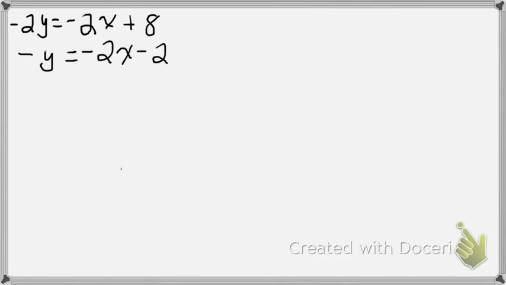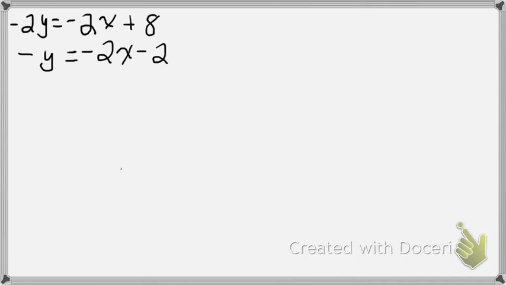Well, now let's look at a situation in which it doesn't immediately appear that we can eliminate a variable by adding, because if I add the left side of this equation, I don't eliminate a variable, and if I add the right side of this equation, I don't eliminate a variable.